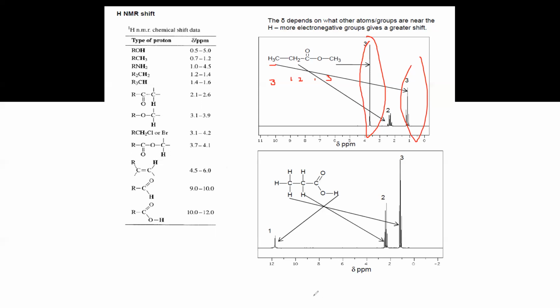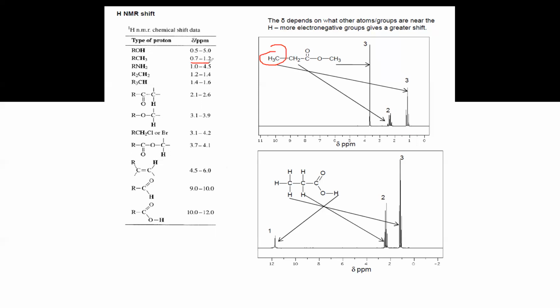Is this part clear, the high resolution NMR? The values on the x-axis are the chemical shift. You have to use a data booklet to work it out.